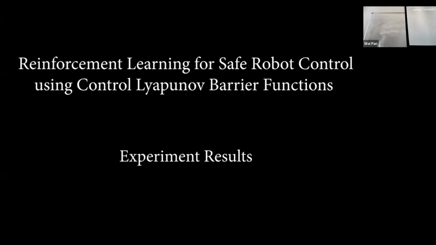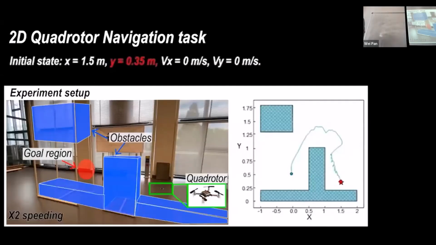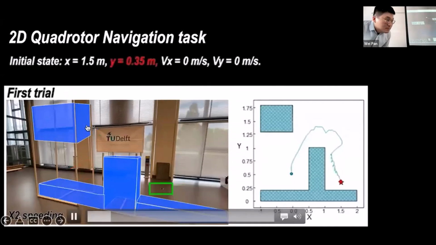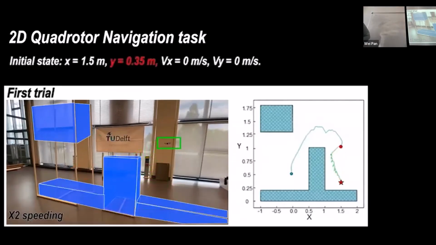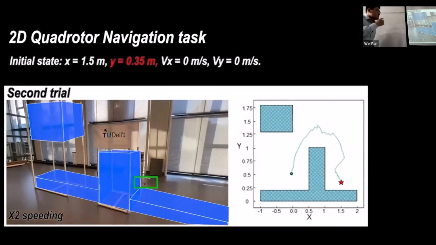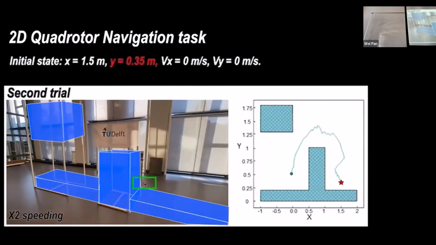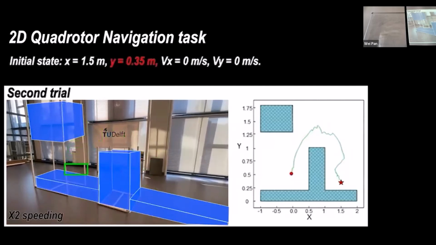So let's see what happens. You see here, this is actually not wrong because there is a function to push the drone beyond the obstacle.